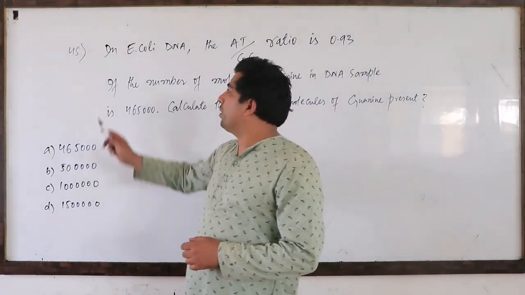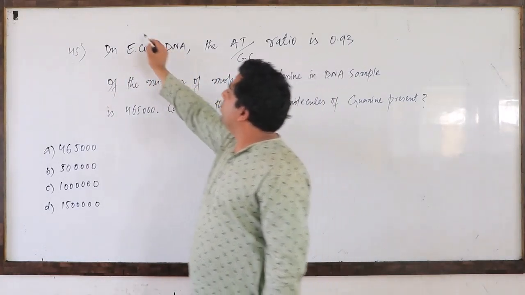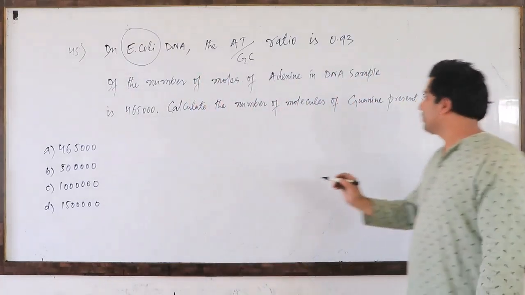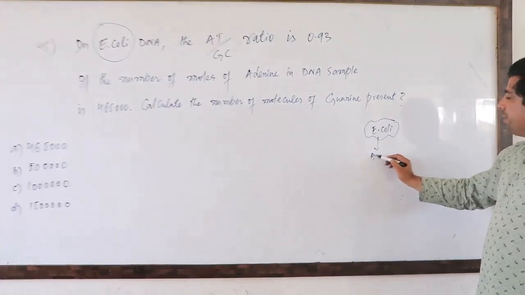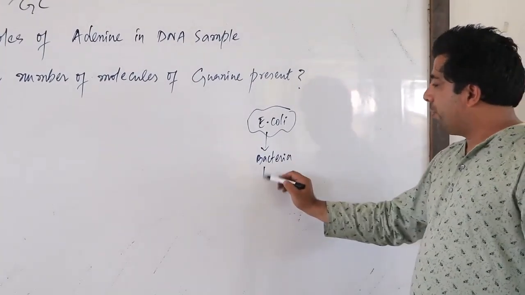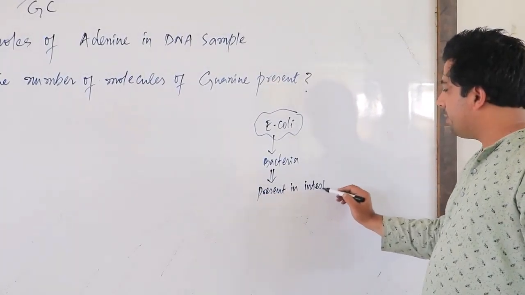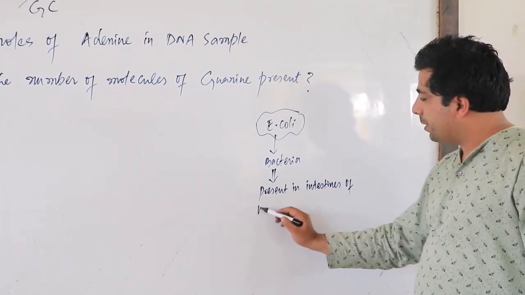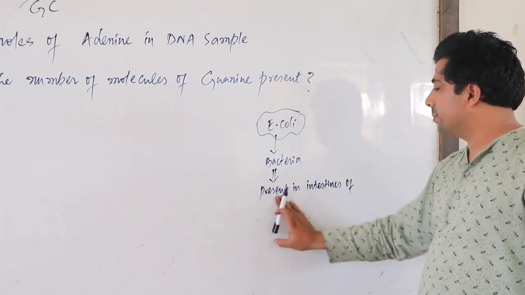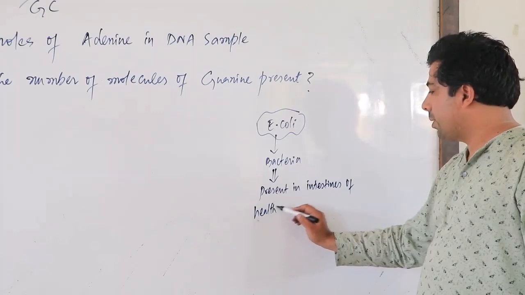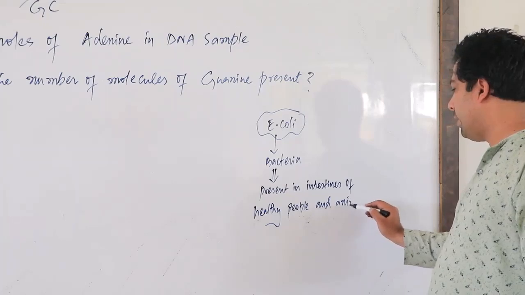Dear friends, let's look at question number 45. In E. coli DNA, what is this E. coli? Let's have a look. It's basically a bacteria present in the intestines of healthy people and animals.